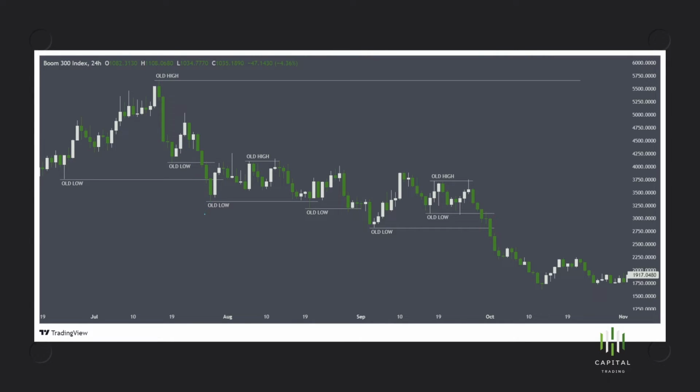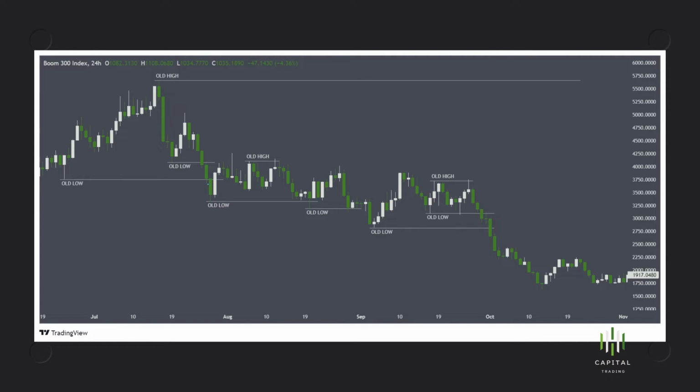So let's imagine we want to take out orders of people who have buy limits placed under this low. We are going to execute their buy limits, and then we take them up into profit, and then we continue to run them over. So that's another way of looking at it.